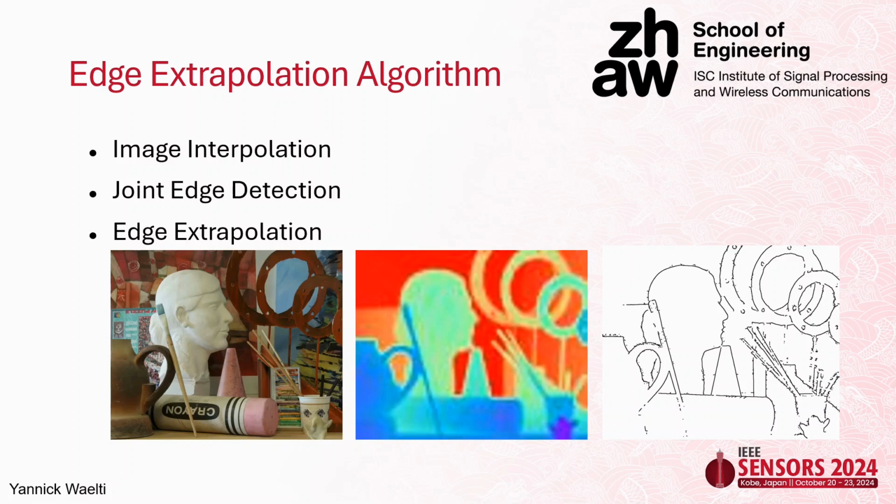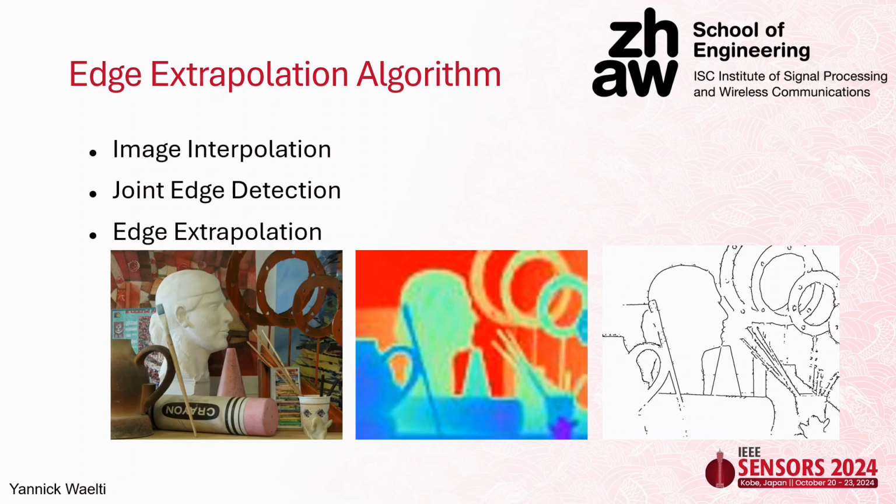And as a next step, we do edge detection. If we do that on the depth image that was upscaled, we get very blurry edges, obviously because of the interpolation. And if we use the edge map that we get from an RGB image, we get too many edges.